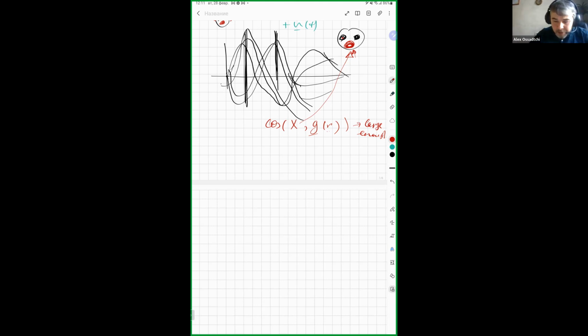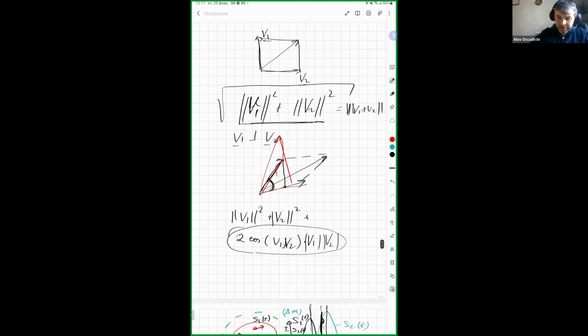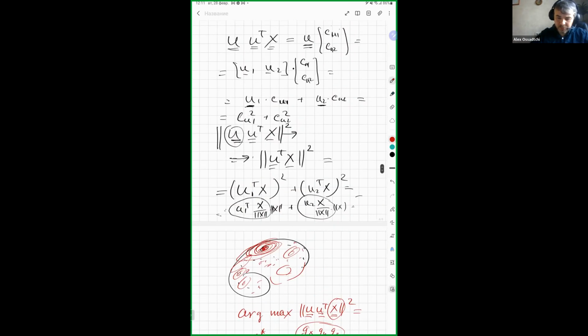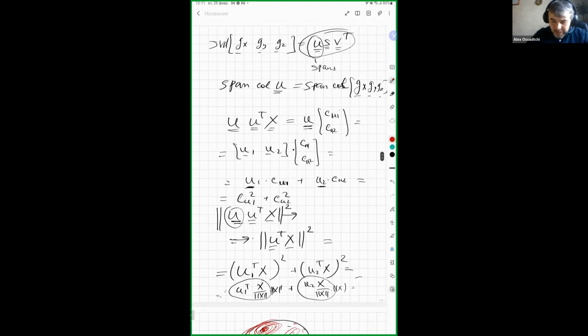So how do we proceed? Let's do exactly the same way, except for one thing. Let me go back and show you here. We were maximizing this Frobenius norm of this matrix, which is just the sum of squares of the elements of this matrix.